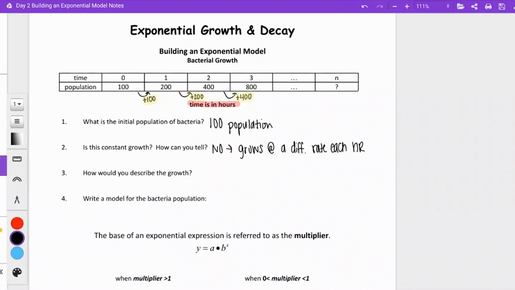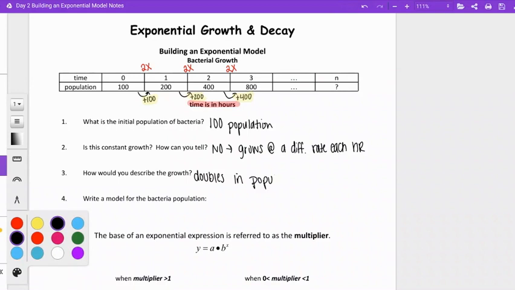Now, what we do see as constant is this idea that if we go from 100 to 200, 200 to 400, 400 to 800, 800 to 1600, and etc., it does look like this is doubling in population. So I'm going to put that in red up here. So if we wanted to describe the rate, we could say that we see that this doubles in population.